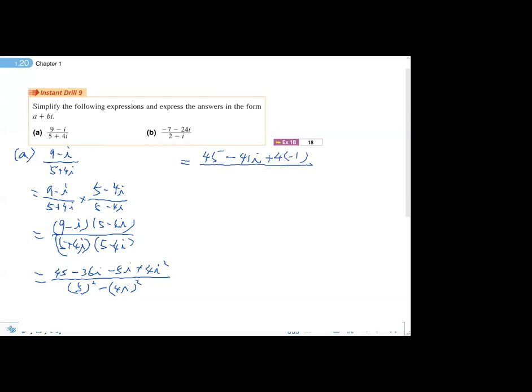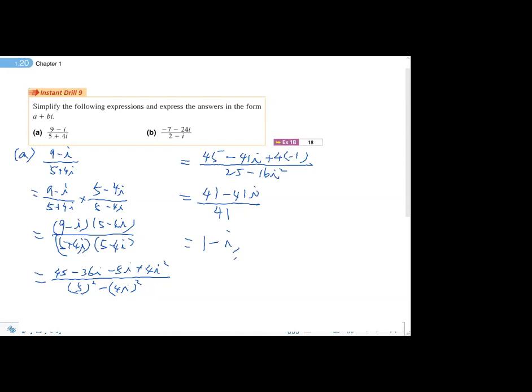Okay, and this is 25 minus 16i squared. Okay, and the top part 45 minus 4 is 41, and then minus 41i, and lower part is 25 minus 16 times negative 1. It is 41 also. Okay, so when you split the fraction into two parts, it is 1 minus 1i, or just 1 minus i.